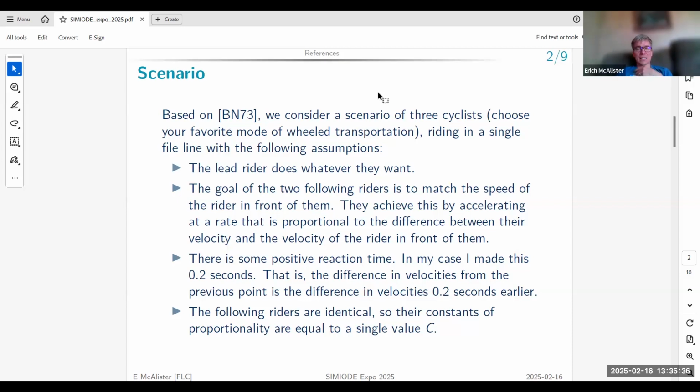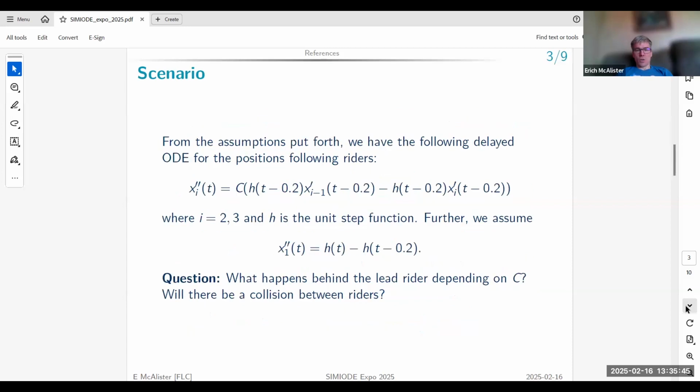The setup is to set up some differential equations, and the ones that we get are these. We've got the position functions x_i of t, and so we get x_i double prime is c, this constant of proportionality, times, where H is the Heaviside step function, and so this institutes the delay.